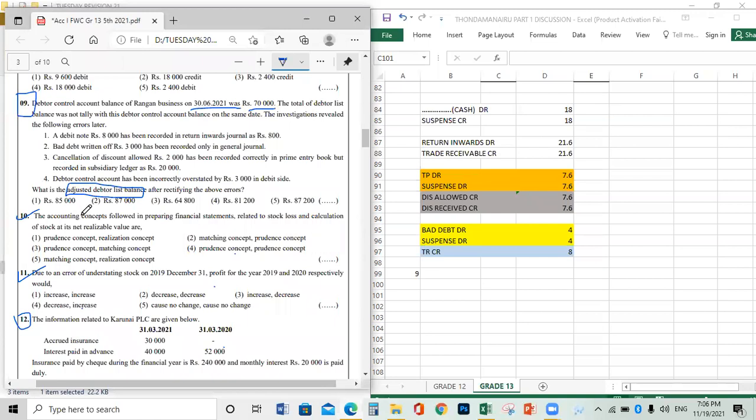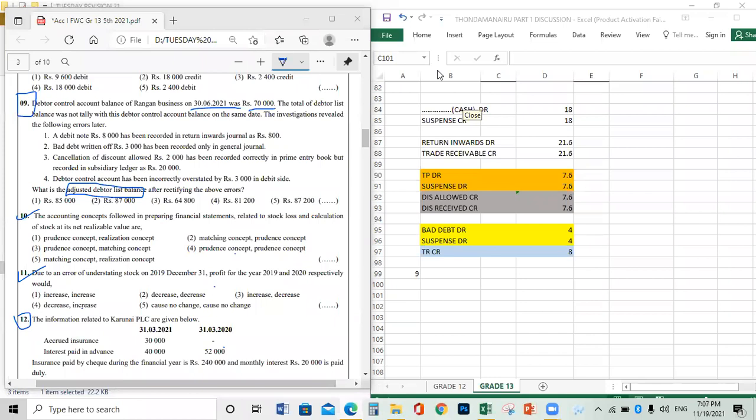First of all, understand that they are asking you the list balance after the correction, not with the mistakes. They are asking you the list balance after doing all the corrections. That means after you correct all the individual mistakes.